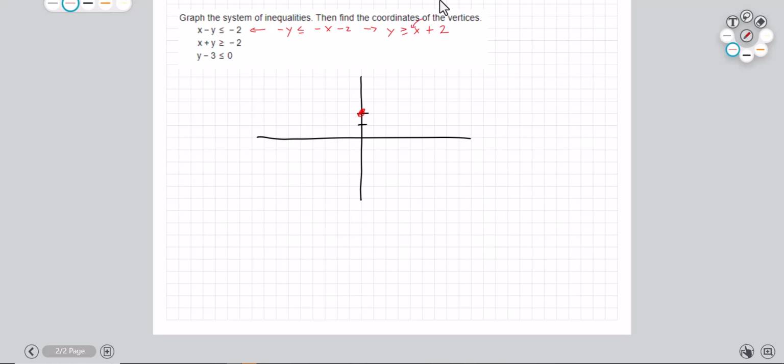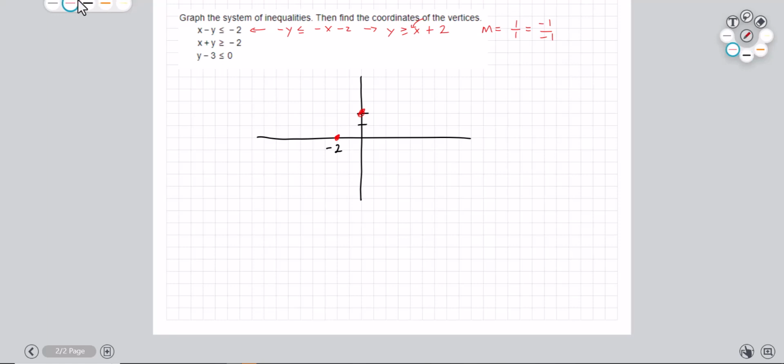So notice the slope is 1, or I could call it 1 over 1, or I could even call it -1 over 1. A negative and a negative is a positive. So I could go over 1 and then down 1. Over 1 and then down 1, and I would know that this would be at -2.